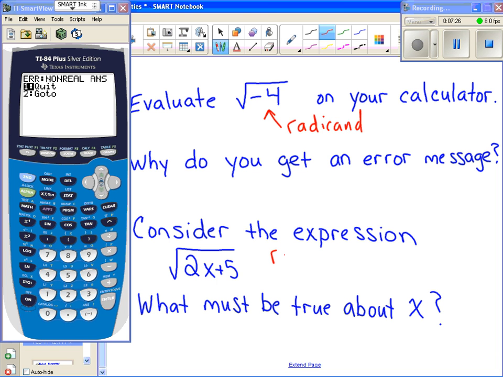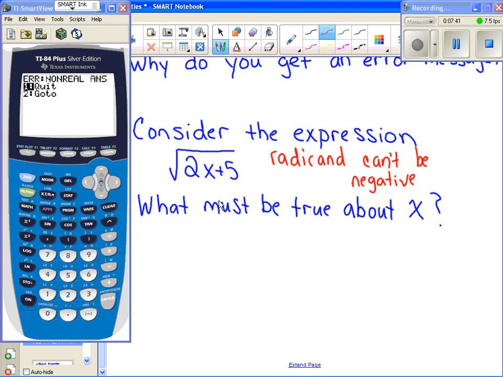And so for this problem here, the radicand can't be negative. So it must be greater than or equal to 0. So 2x plus 5 can't be negative. So it can be positive or it can be 0. So this has to be true.